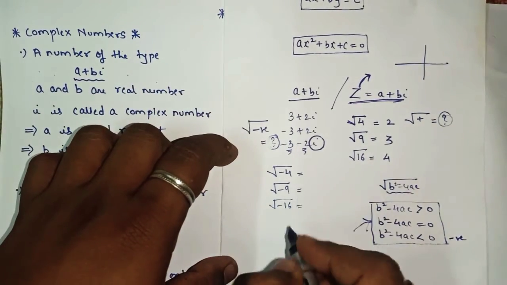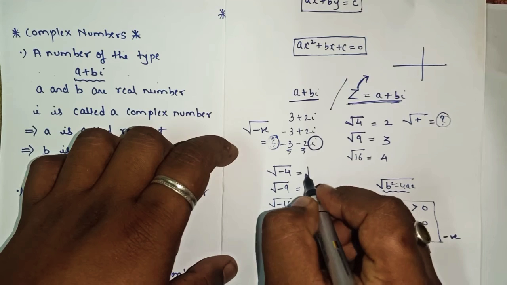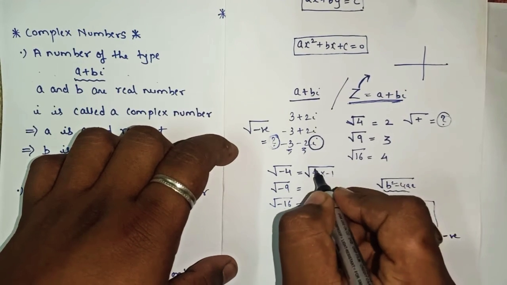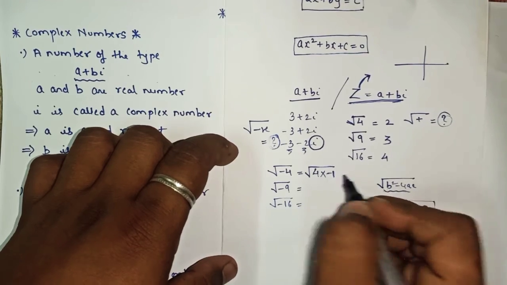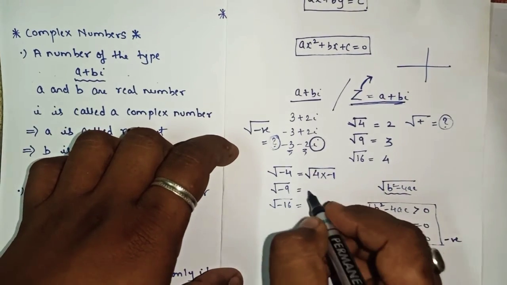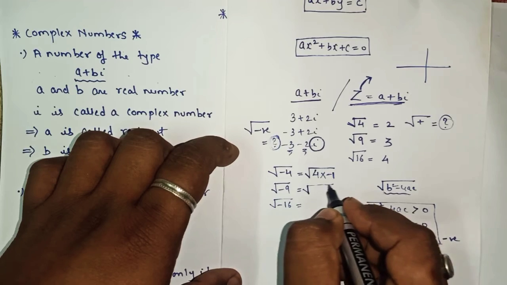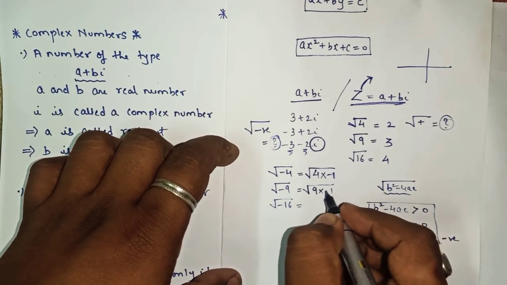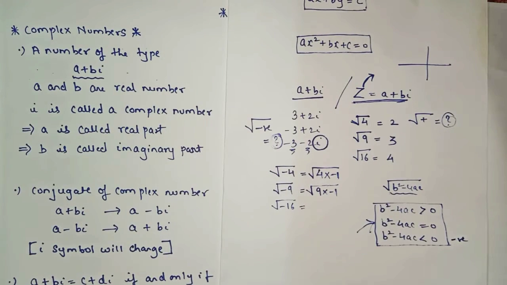So what he decided, what he did, he wrote minus 4 as 4 into minus 1. Can I write minus 4 as 4 into minus 1? Yeah, he did the same thing. Then can I write minus 9 as 9 into minus 1? Still you will get the same answer, yes or no? Got the point?